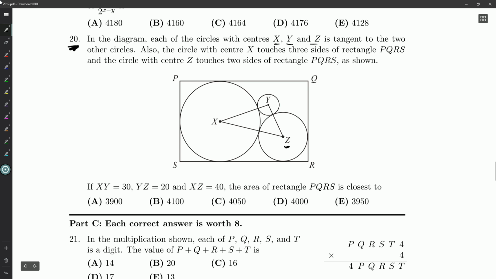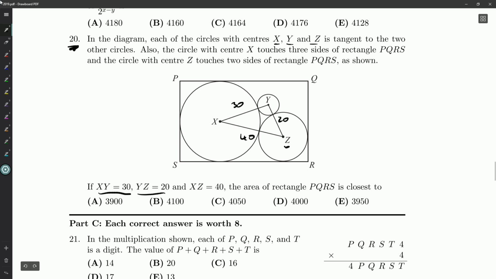So everything as shown. If XY is 30, YZ is 20, and XZ is 40, the area of rectangle PQRS is closest to.